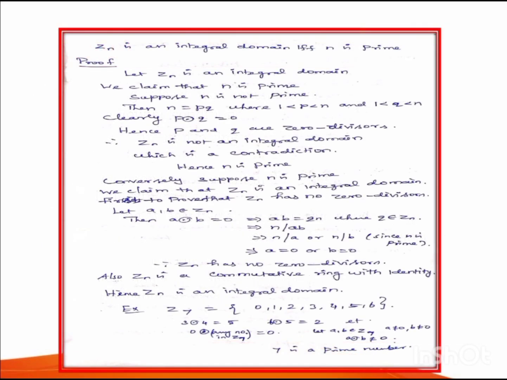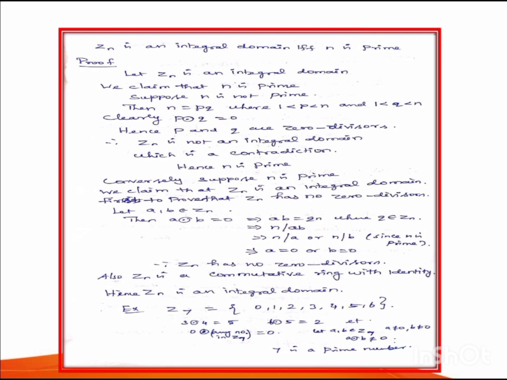So next, theorems on integral domain. We see the proof of the following theorems. The statement of the first theorem is: Zn is an integral domain if and only if n is prime. Integral domain means three conditions are satisfied. Number one, commutative ring.